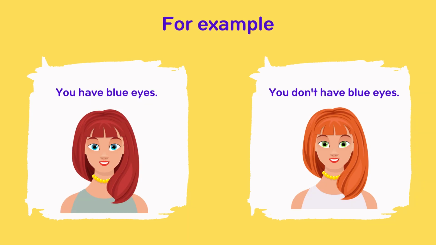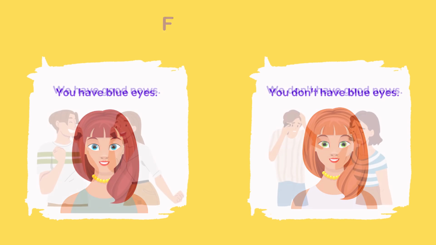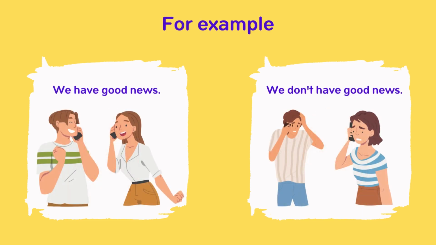You have blue eyes. Piece of cake. We add don't or doesn't before our verb, which is have. So here we need to use don't. You don't have blue eyes. We have good news.